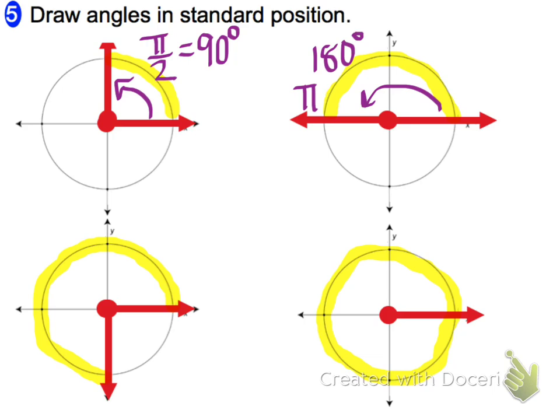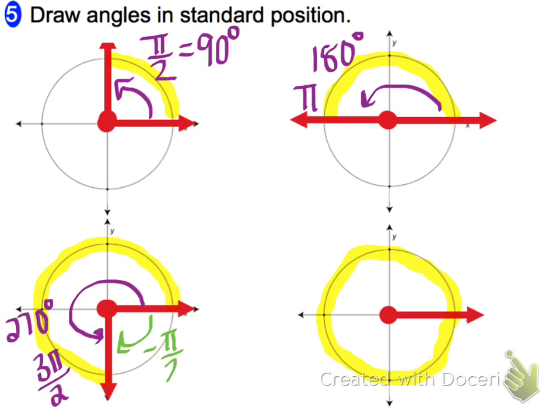Now, on the bottom, if I'm going around in the positive direction, we're going a total of 3 pi over 2, or pi plus another half. And in terms of degrees, 270 degrees. Now, I could look at this one in the negative direction. If I did want to call this a negative angle, I could call it negative pi over 2 or negative 90 degrees.